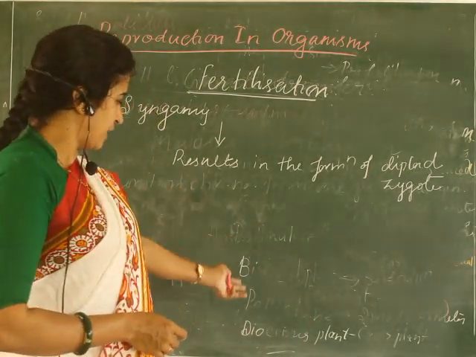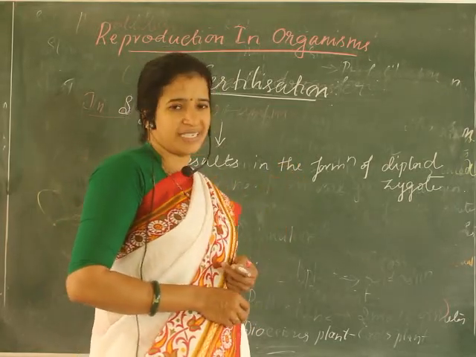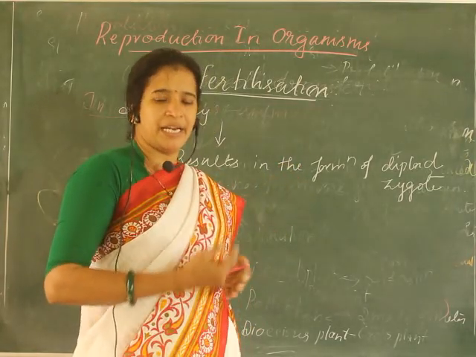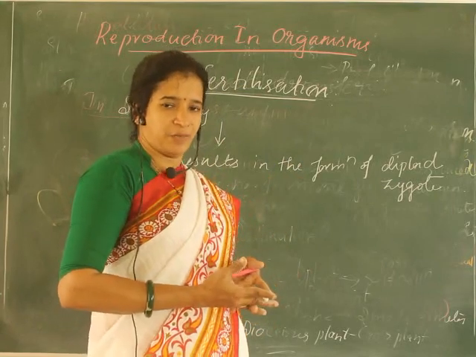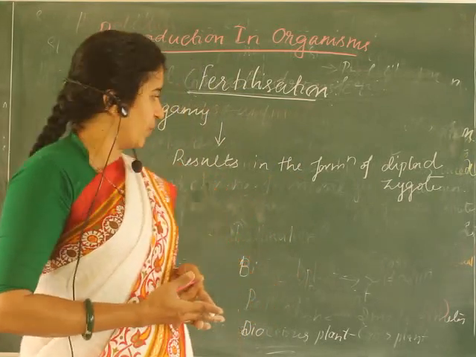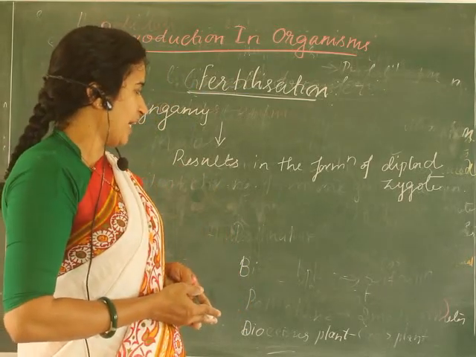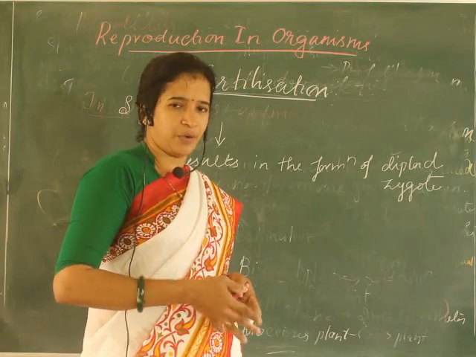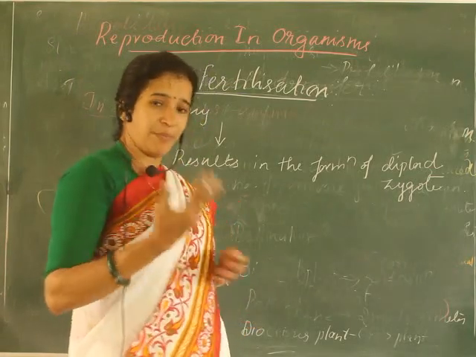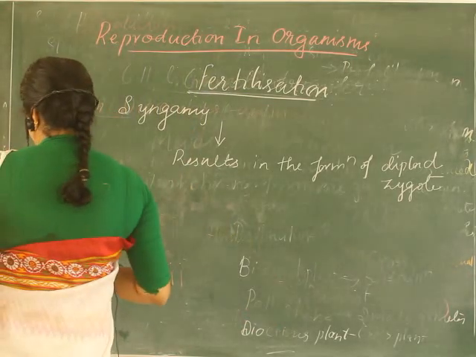As you have seen in the previous video, the zygote undergoes mitotic division, then develops into an embryo. So embryogenesis is the formation of the embryo. Later the embryo develops further and forms a new individual.